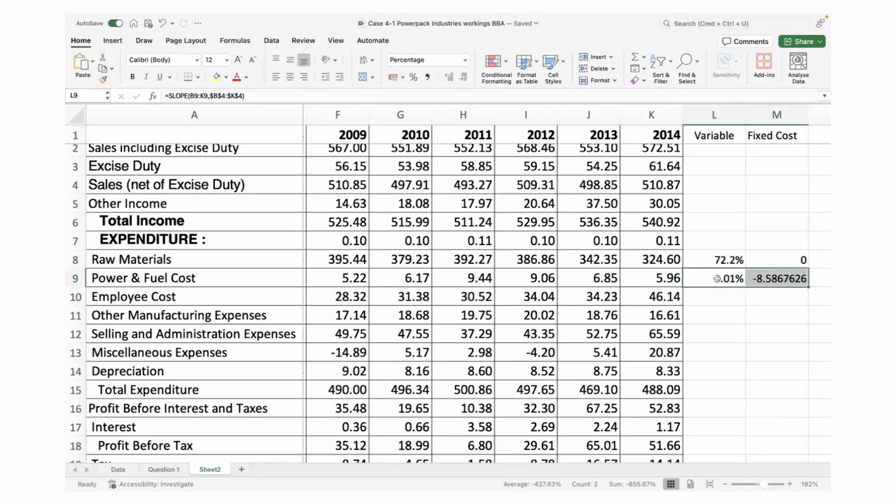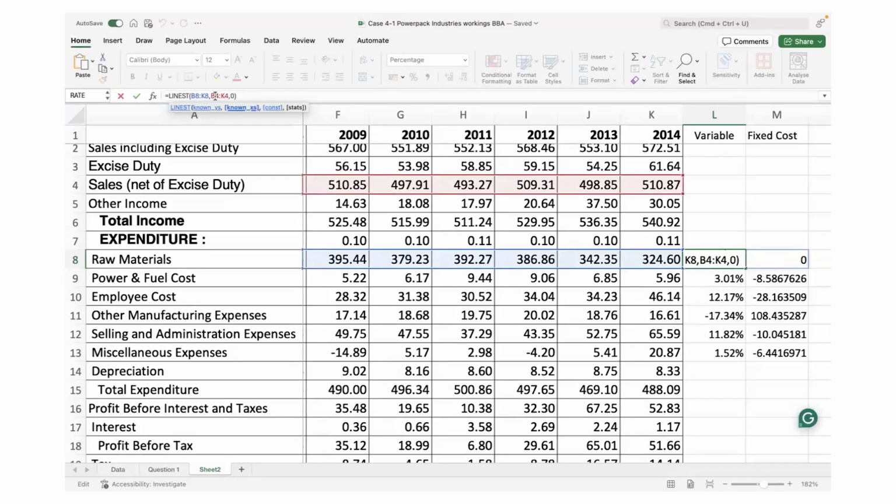What we have done is we have just locked the sales value, so that we can drag the formula for other things. We have to rely on the line estimation function, because in one of these cases we get a negative number.